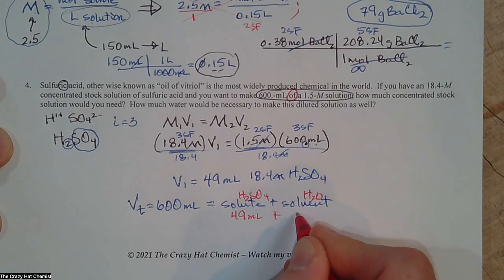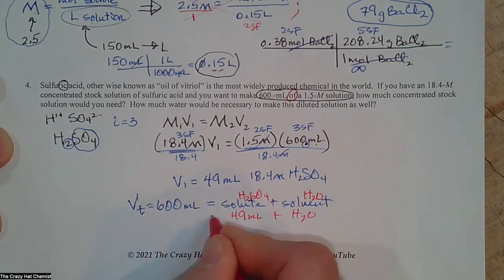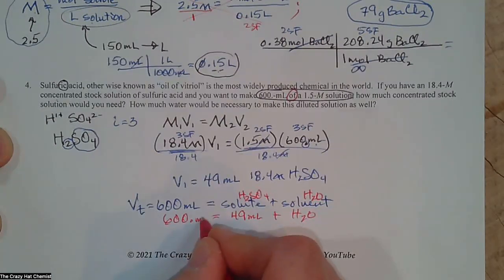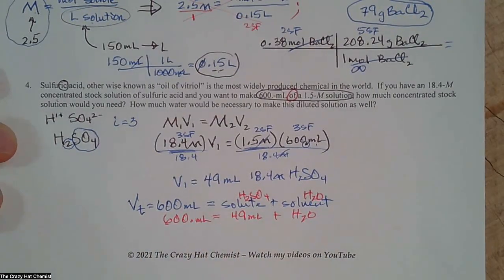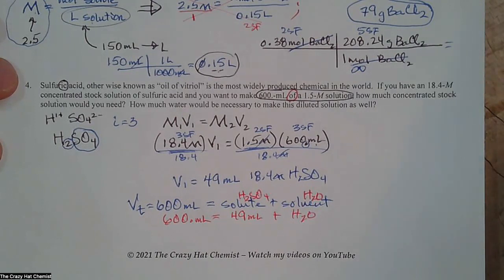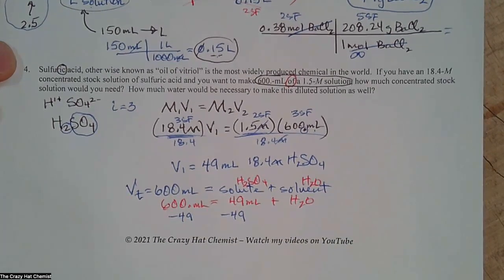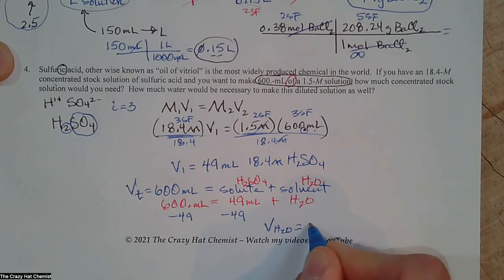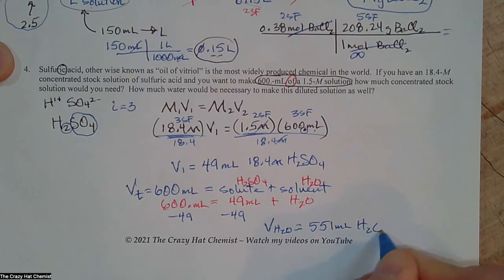We're solving for the solvent, that is the H2O. And we have the total volume. Our units are both in milliliters, so that's good. So we're going to do a little subtraction here of 49 mils on both sides. And then we're going to solve for our volume here. And the volume of the H2O is going to equal 551 milliliters of H2O.